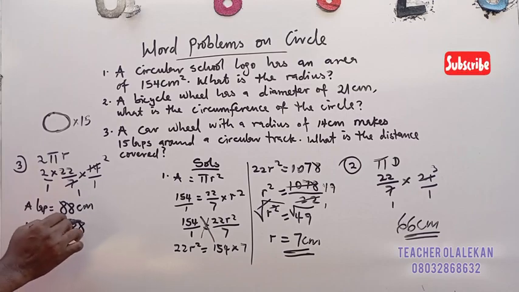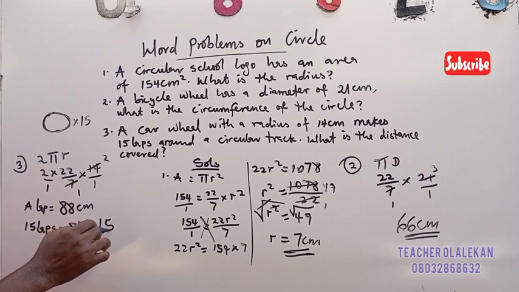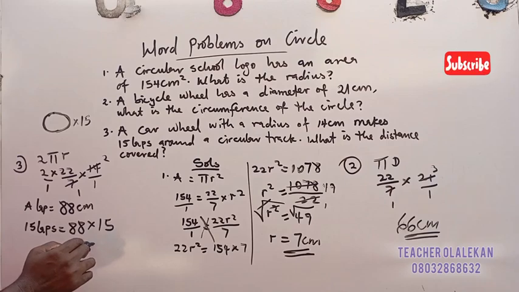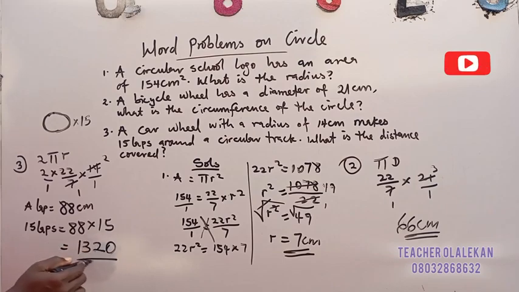That's 88 times 15, which is 1320 centimeters. So 15 laps will make 1320 centimeters. So it is quite easy.